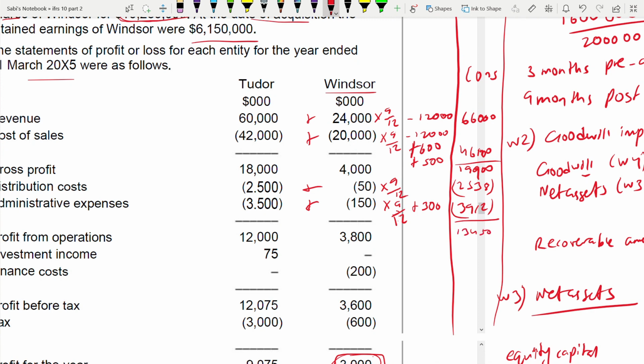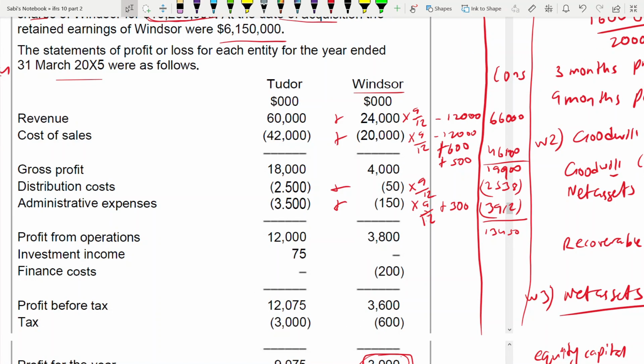13,450. After that, investment income. Old is 75. Then finance cost. You take 9 months of 200, which will be 150. You deduct, and you get profit before tax. You don't add. You get an individual figure. 13,375.